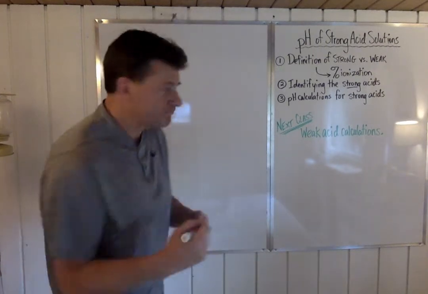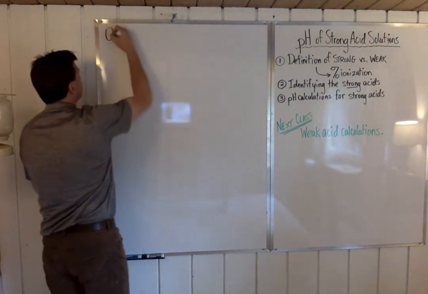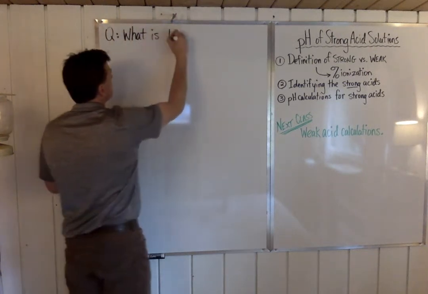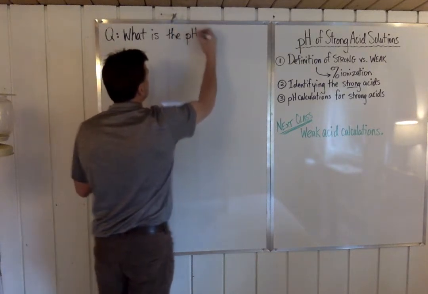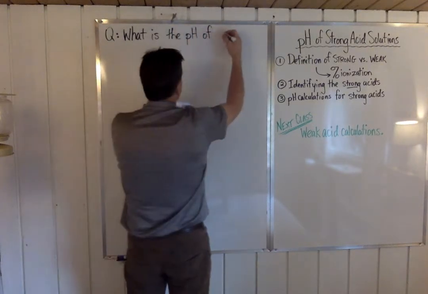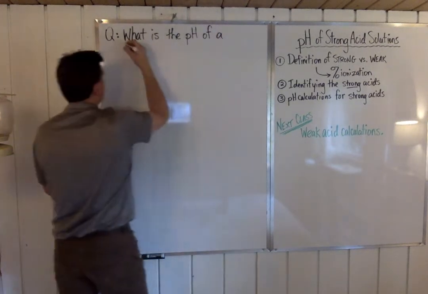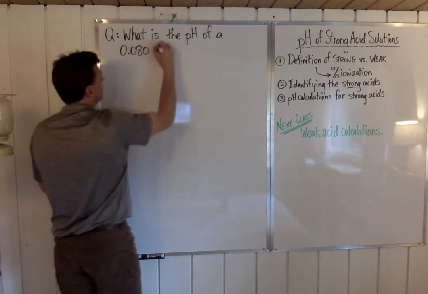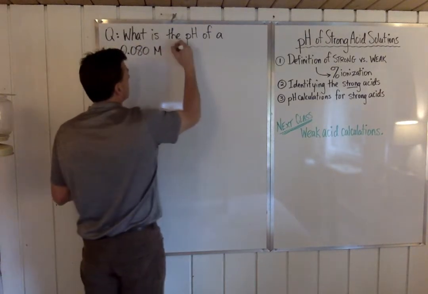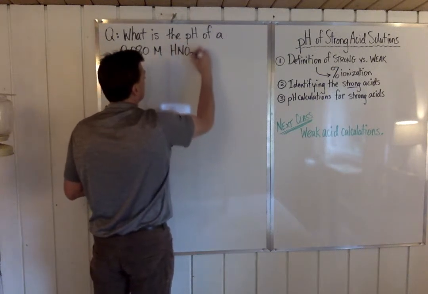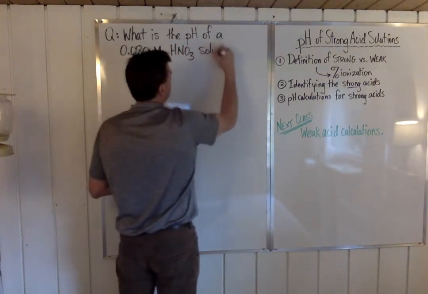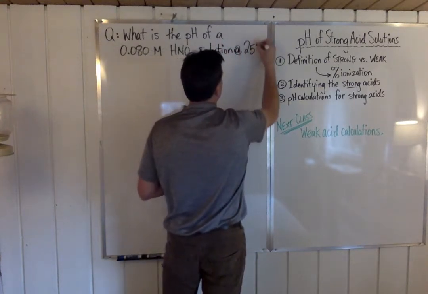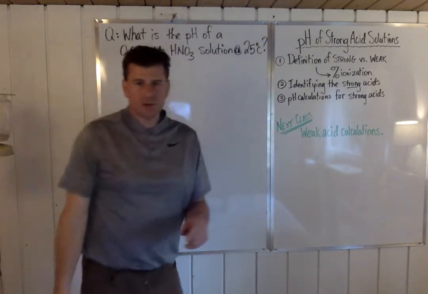So I'll give you an example. Here's a question. What is the pH of a 0.080 molar HNO3 solution at 25 degrees Celsius?